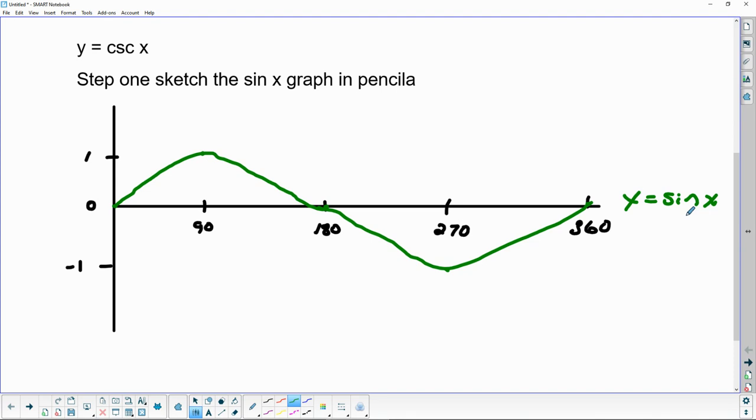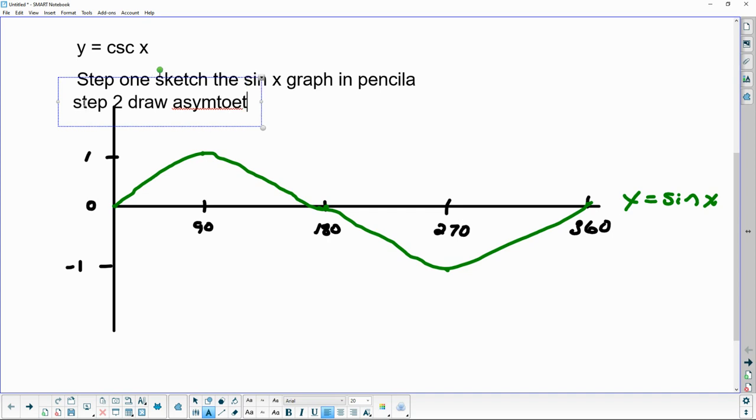So step two, draw asymptotes where the sine graph touches the x-axis.